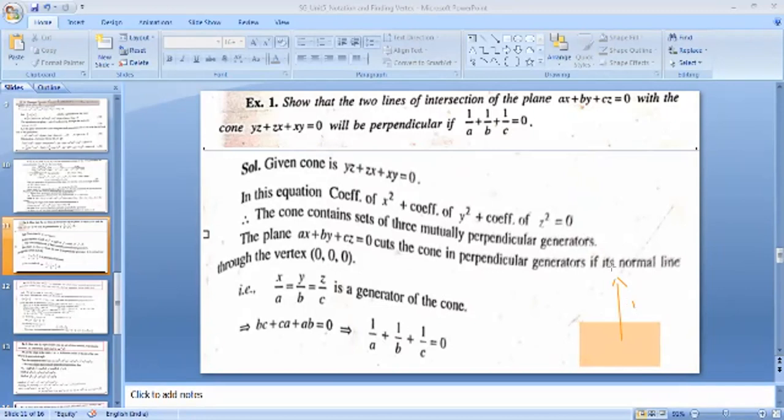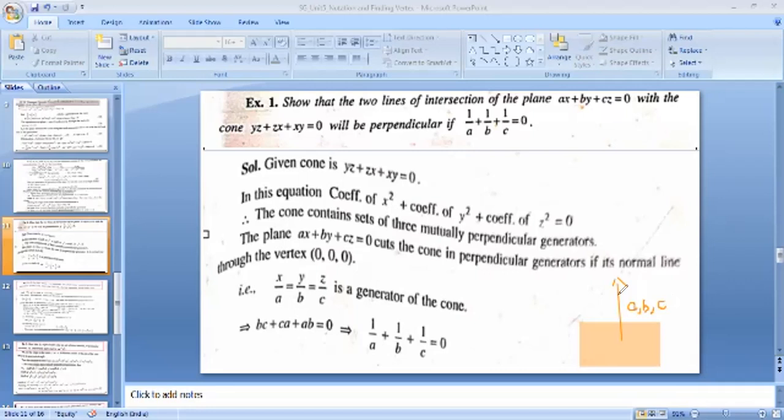A, B, C. They are normal to this plane. Further, what is the equation of the generator?